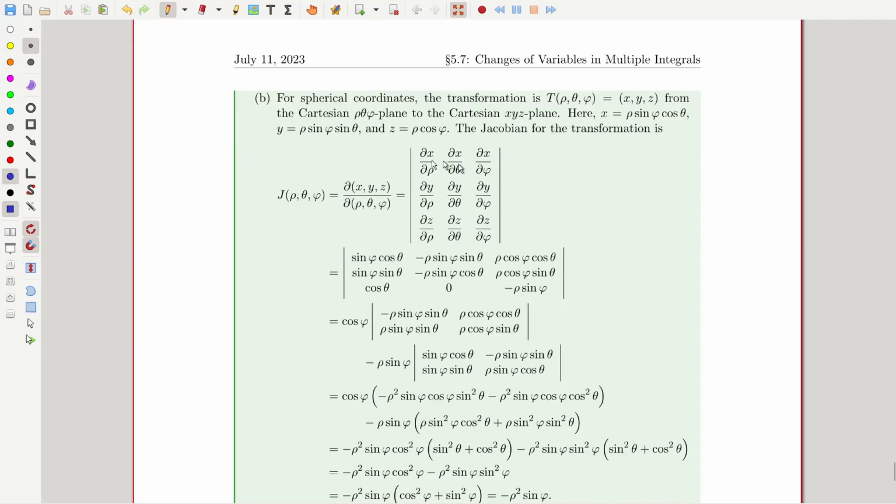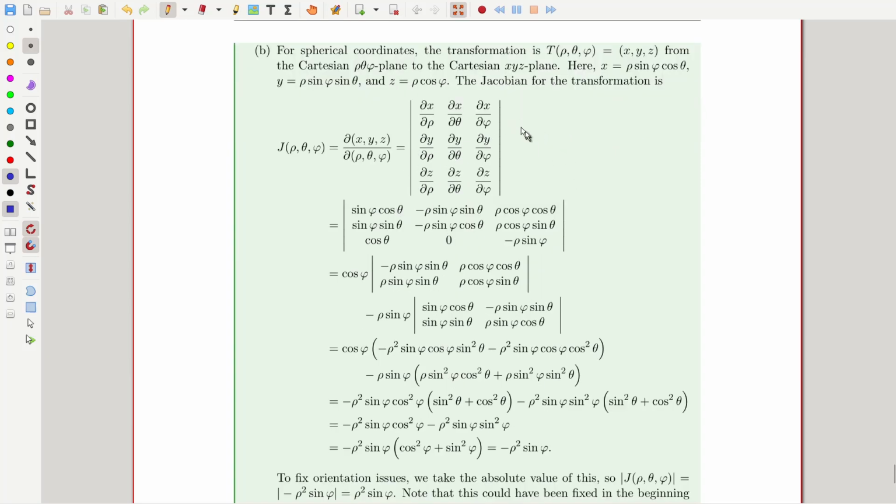Anyway, I'll just talk through the computation, and whether you want to actually try working it out and checking all the details yourself or not, it's up to you. First you have these 9 partial derivatives, and the transformation T mapping from spherical to Cartesian is given by these 3 equations, which you should be able to see are the formulas that convert you from spherical to Cartesian.